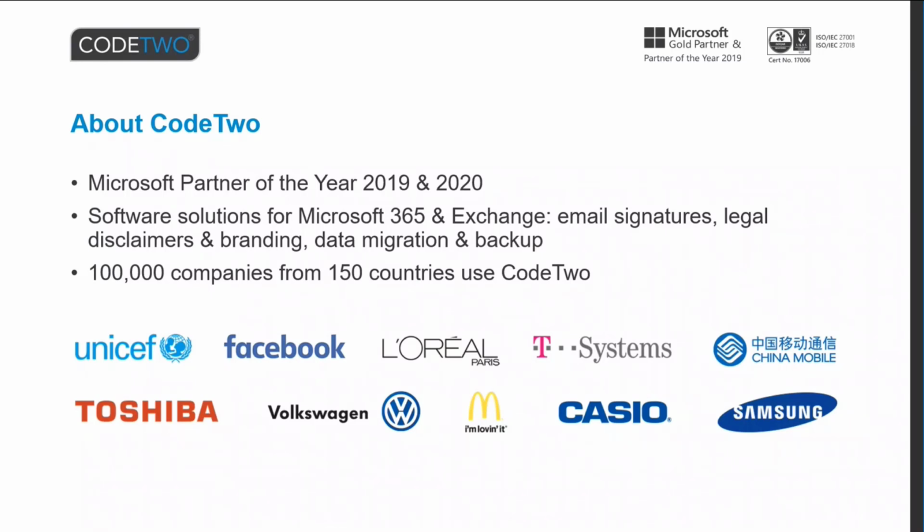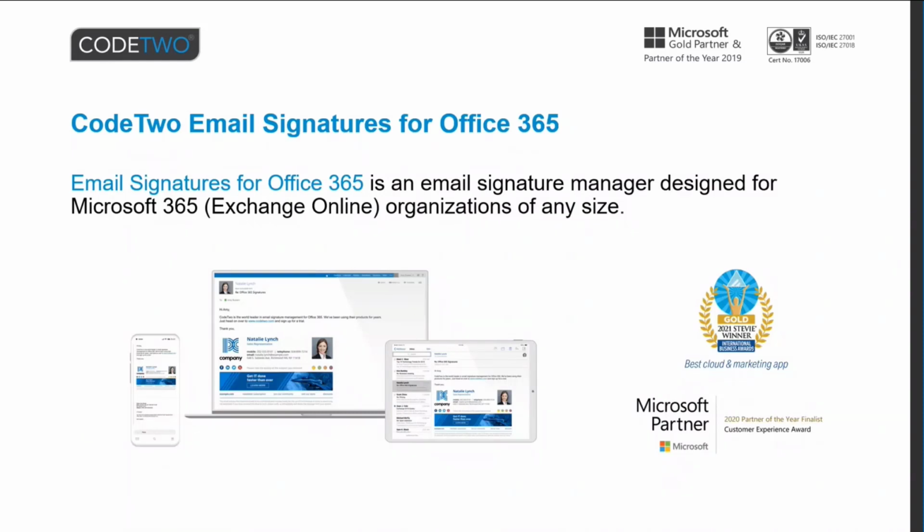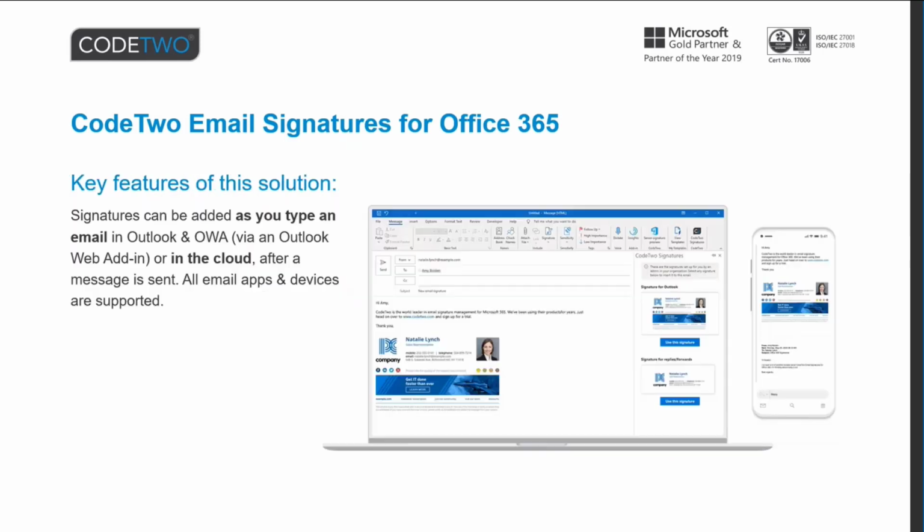And today I'm going to talk about our flagship product, which is Code2 email signatures for Office 365. It's basically an email signature manager, which allows an organization, like one person, an admin or delegated people like marketing guys, to centrally manage email signatures, legal disclaimers, marketing campaigns, and automate them in a few clicks.